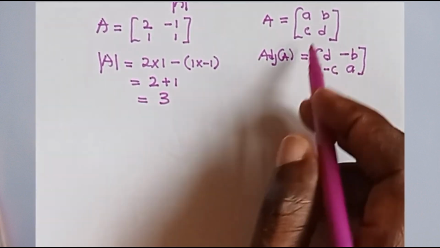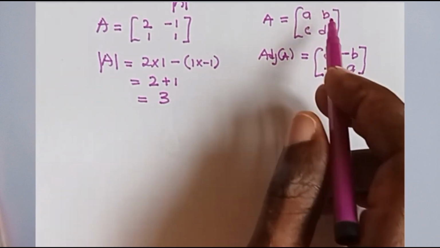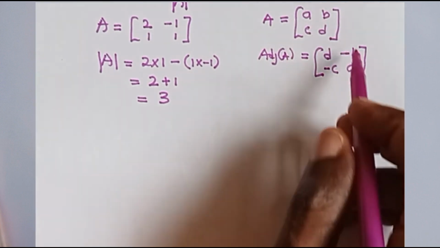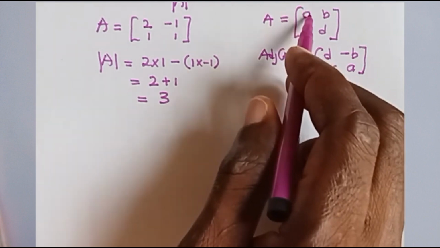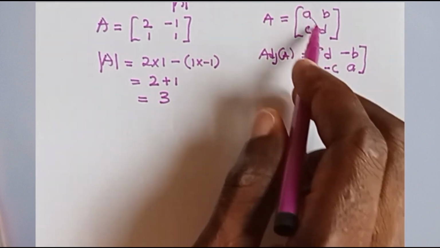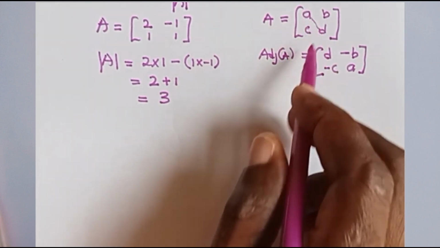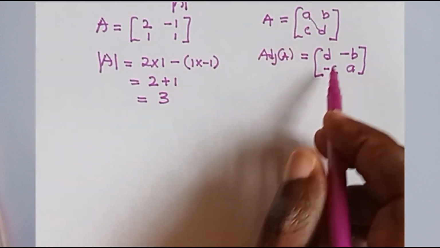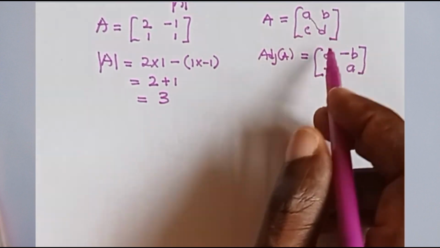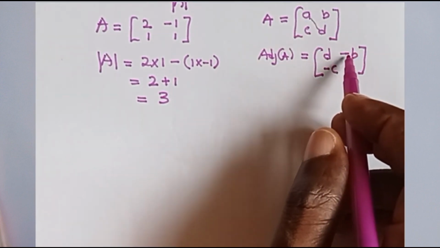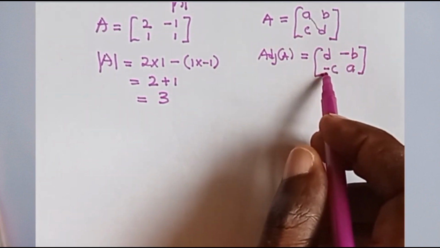Now, what do you notice? You extend the first diagonal: you bring D here and A here, while the other diagonal, we change the sign. So minus, minus. Whatever you are having here, you multiply it by this minus, and here by this minus.